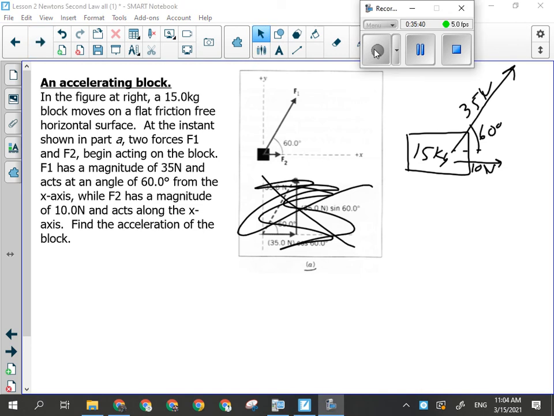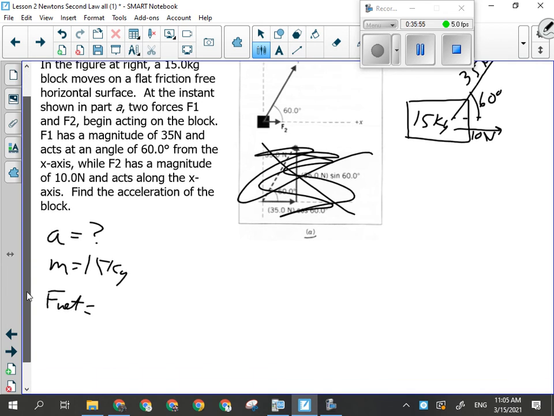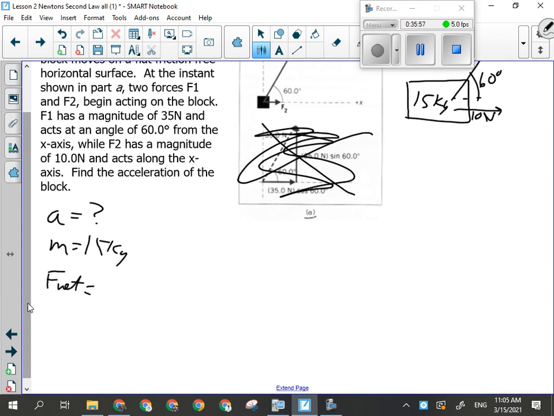Okay, so we've got our free body diagram. Now if we're looking for a, we need m, which we have, 15 kilograms, and we need F net, which we don't have yet, but we can get because we can do the vector sum of all forces. So that'll be our next step. We're going to have this vector here, this is 60 degrees, 35 newtons, this will be y, this will be x.